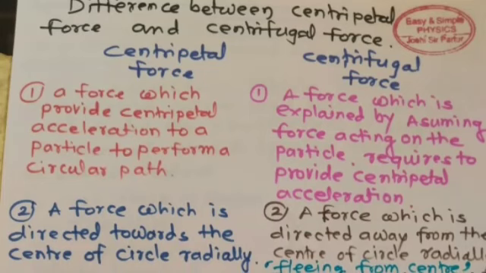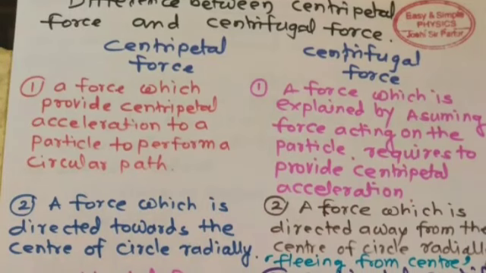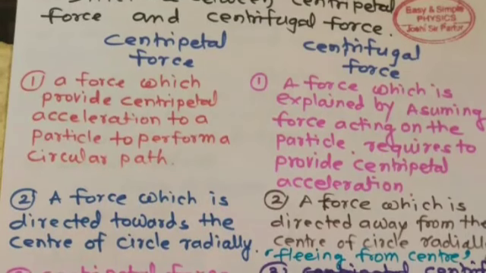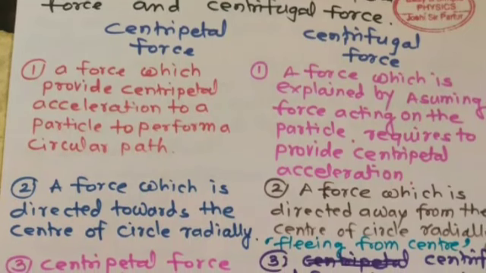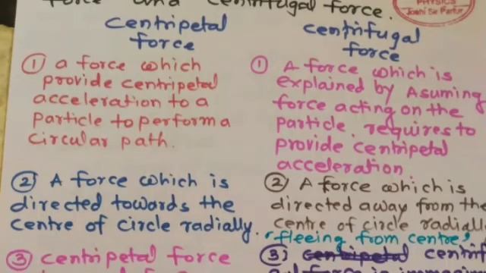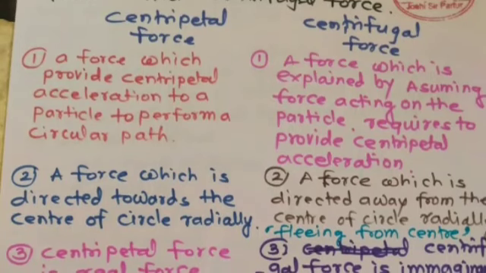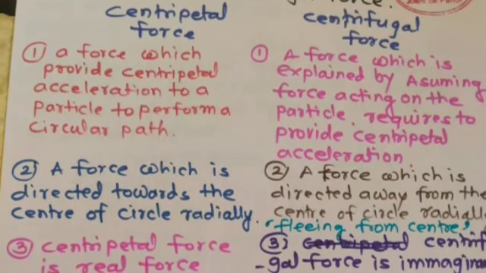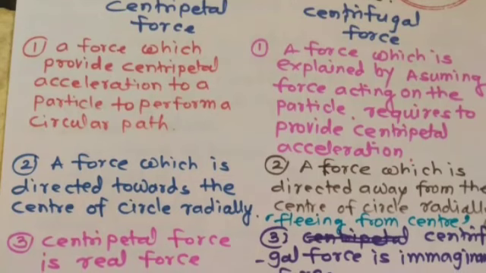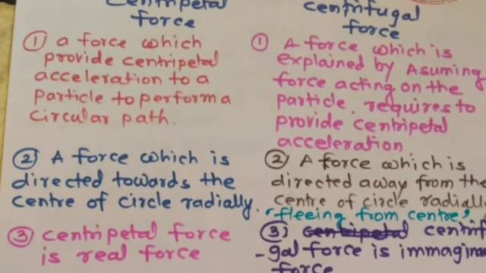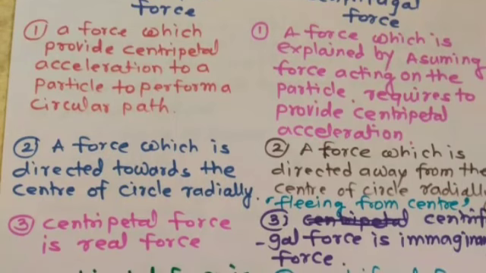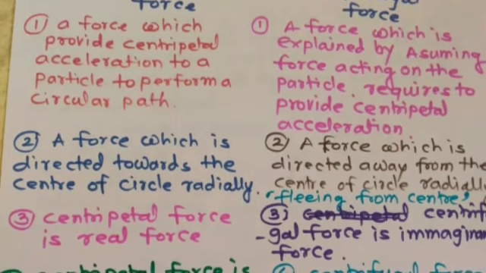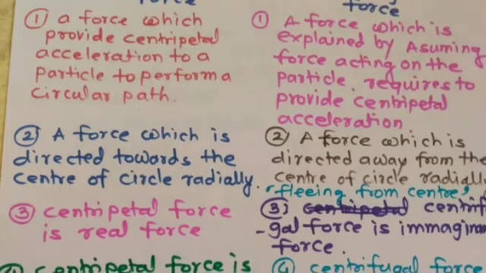We have seen the difference between centripetal force and centrifugal force. Centripetal force is a force which provides centripetal acceleration to a particle to perform a circular path. Centrifugal force is a force explained by assuming a force acting on the particle that is required to provide centripetal acceleration.